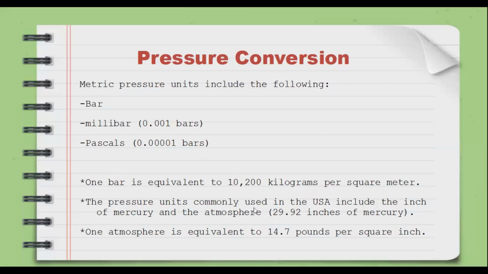The pressure units commonly used in the USA include the inch of mercury, where 1 atmosphere is equal to 29.92 inches of mercury.